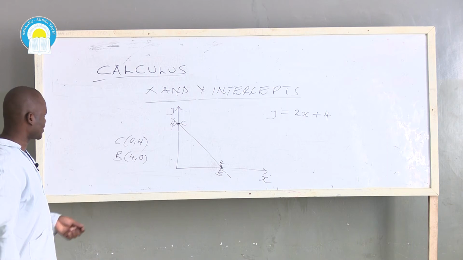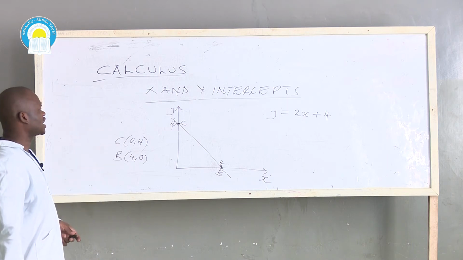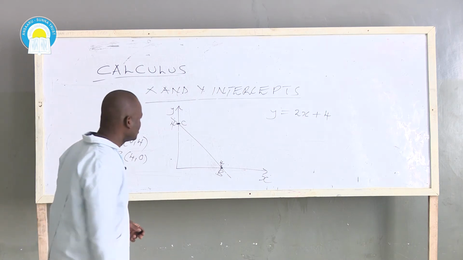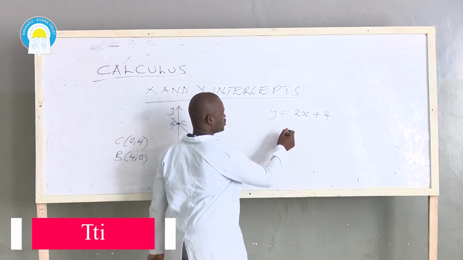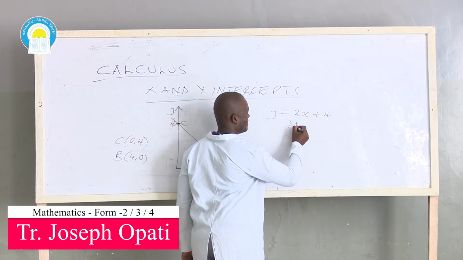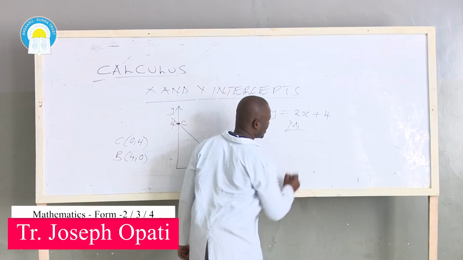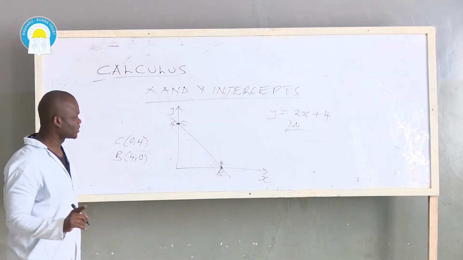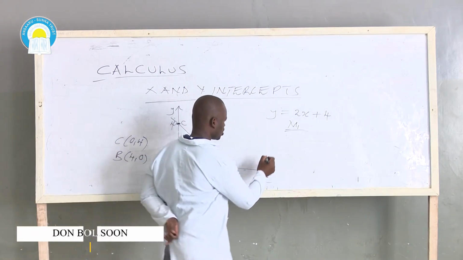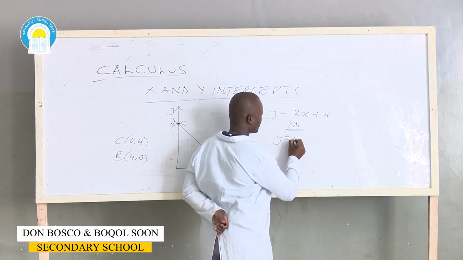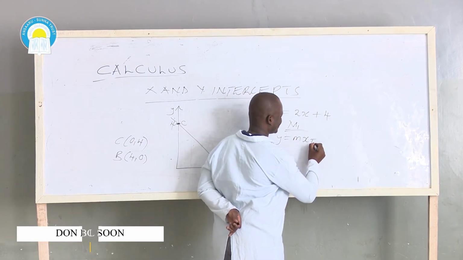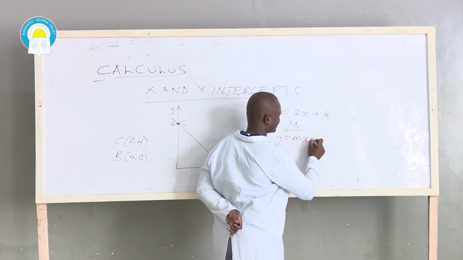I'll begin with the y-intercept. To get the y-intercept, you can use the following 2 approaches. Method 1 of finding the y-intercept: just make sure you have your equation in the form y is equal to mx plus c.